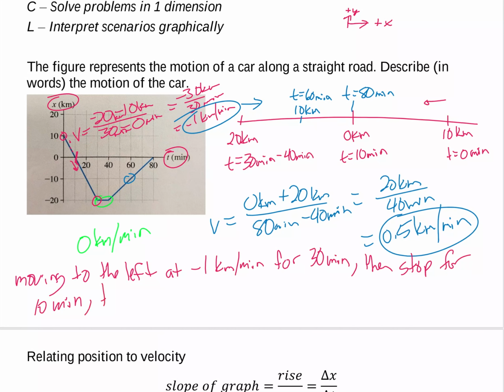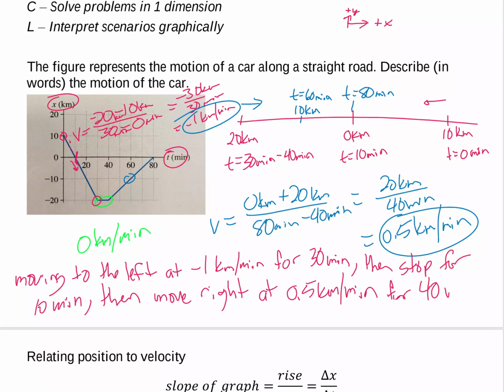Then we move to the right at 0.5 kilometers per minute, for 40 minutes.